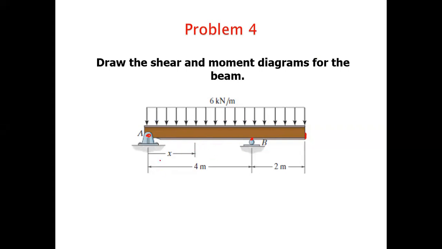The distance from support A to B is 4, and from support B to the cantilever end is 2 meter, and X is unknown. Now, first of all, we have to draw the free body diagram to calculate the support reactions.